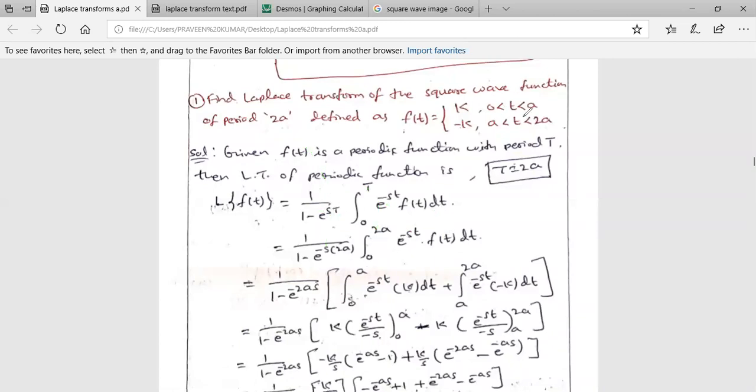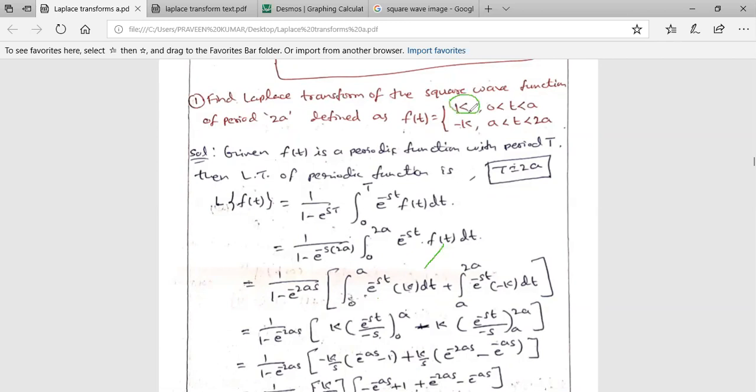What is f(t)? This f(t) is defined from 0 to a as k, and from a to 2a as minus k. So this interval will also be split into two parts, 0 to a and a to 2a. Then we substitute the respective function. We have 1 by 1 minus e power minus 2as, integral 0 to a e power minus st f(t).